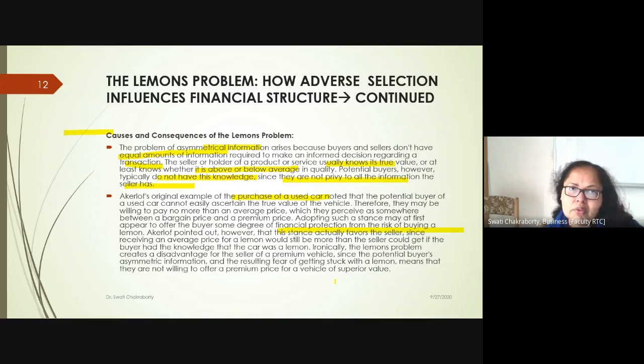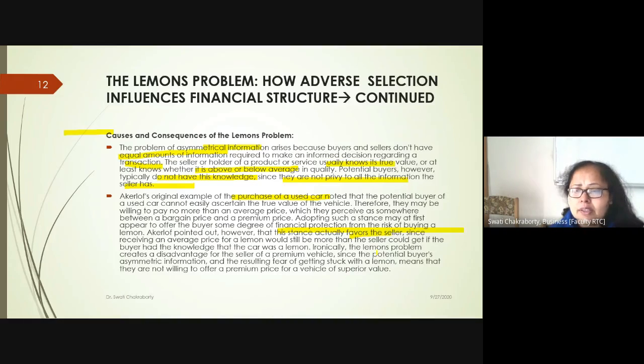But later this actually favors the seller. When sellers receive an average price for a lemon, it is still more than what they would have got if the buyer had full knowledge about that car and wouldn't have bought it.